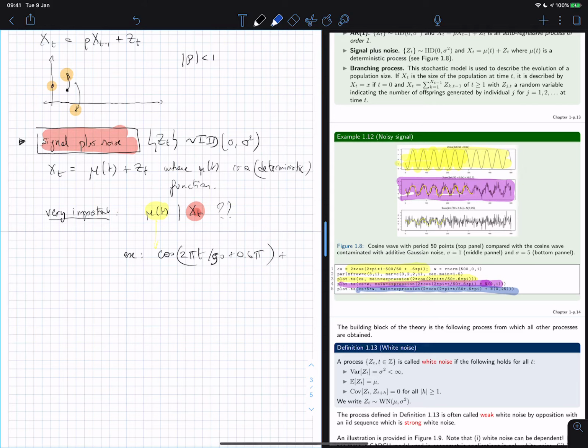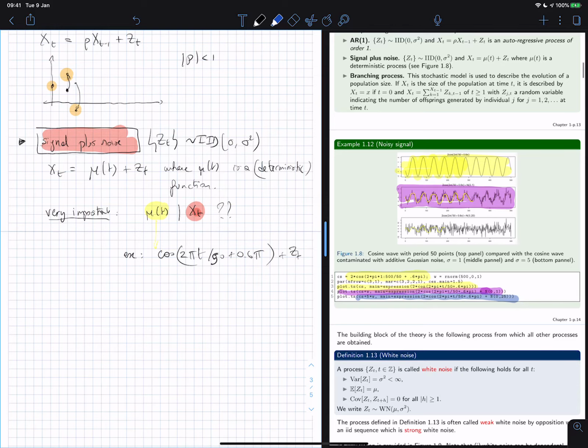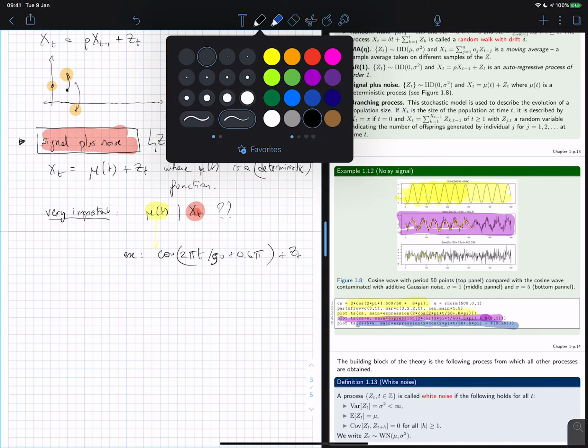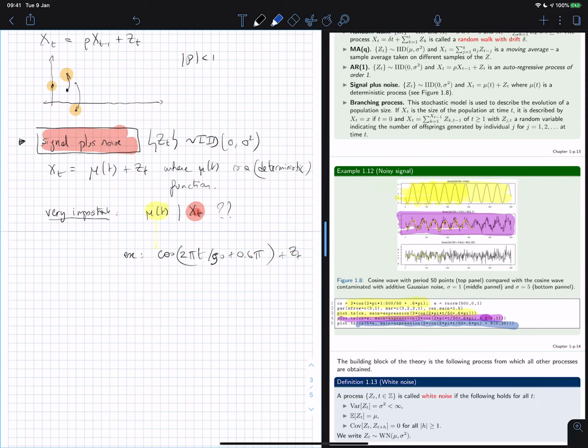And then I added some noise. And then the last example of a very famous and useful stochastic process, but this one again we won't be studying, it's a different topic, is the so-called branching processes.